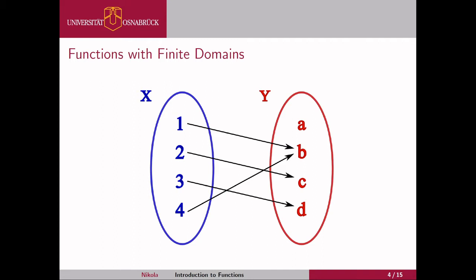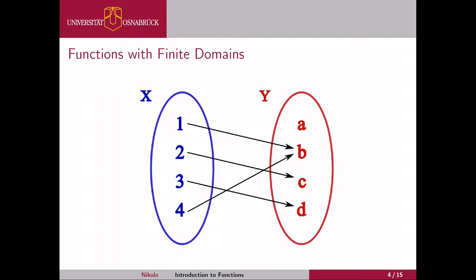The important property here for this to be a function, for this set of arrows to be a function, is first that all the arrows face from x to y, and secondly that there is one and exactly one arrow leaving every single element of x. Because that's the very core idea of a function. We take a domain and we assign every single element of this domain a value. So every single element of x has to be assigned a value and exactly one value. That's the important thing here.